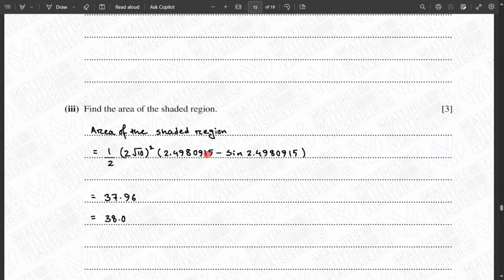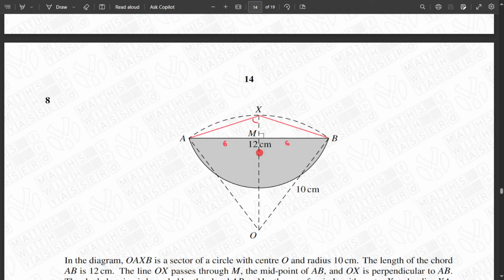So we found that the radius is 2 root 10, which was this AX. If we take X to be the center, and we are required to find this shaded region, this is the minor segment, and the formula that I just stated, the area of the minor segment if the angle is in radians, should be half r squared times theta minus sine theta.